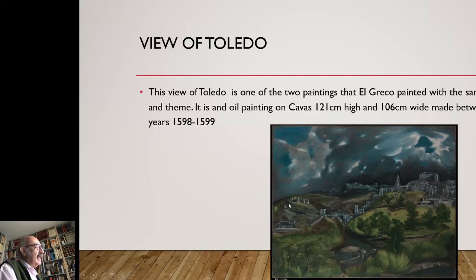And this is the cathedral, Catedral de Toledo, Gothic style. This here is the Alcázar, a castle. The most famous inmate there was Emperor Charles V. So this image is pretty much the same as you can see today if you go to Toledo.